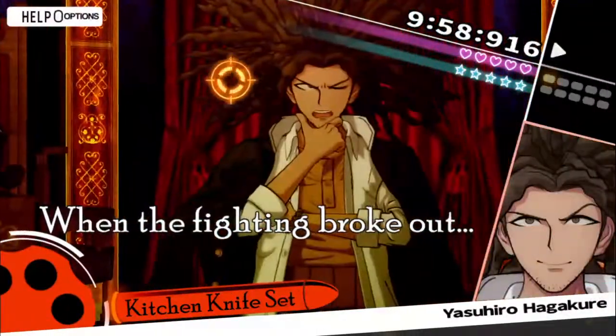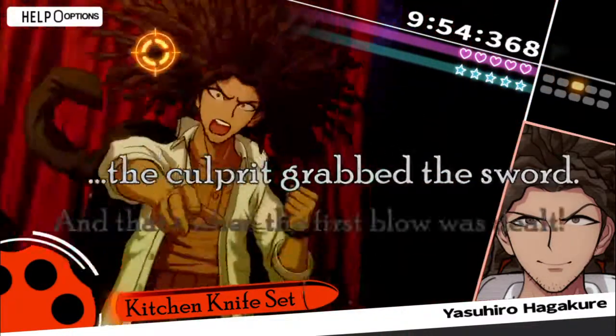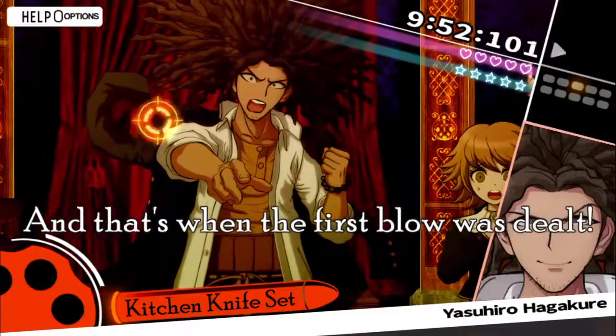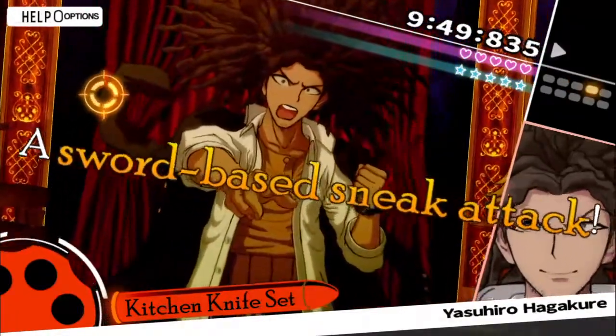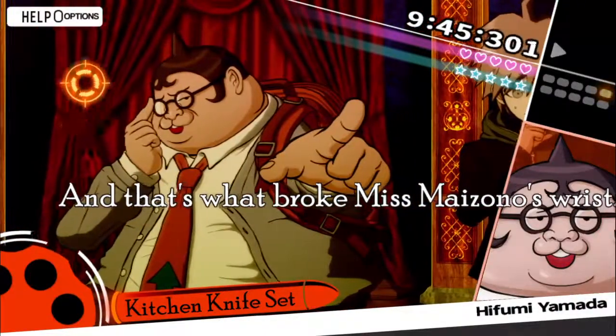When the fighting broke out, the culprit grabbed the sword, and that's when the first blow was dealt. The sword-based sneak attack! And that's what broke Miss Maizono's wrist!